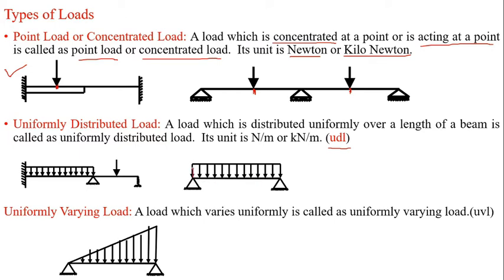This is the intensity of the loading, and this intensity of loading remains the same throughout the length of the beam. So, this intensity remains constant throughout the length of the beam, and hence it is called a uniformly distributed load.